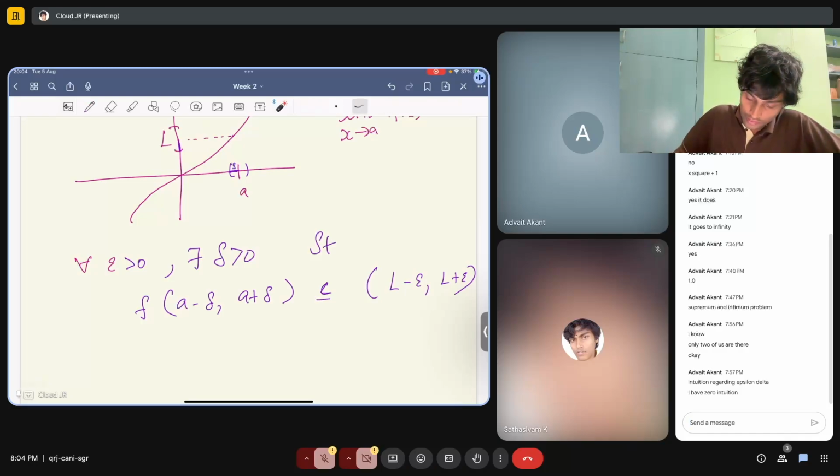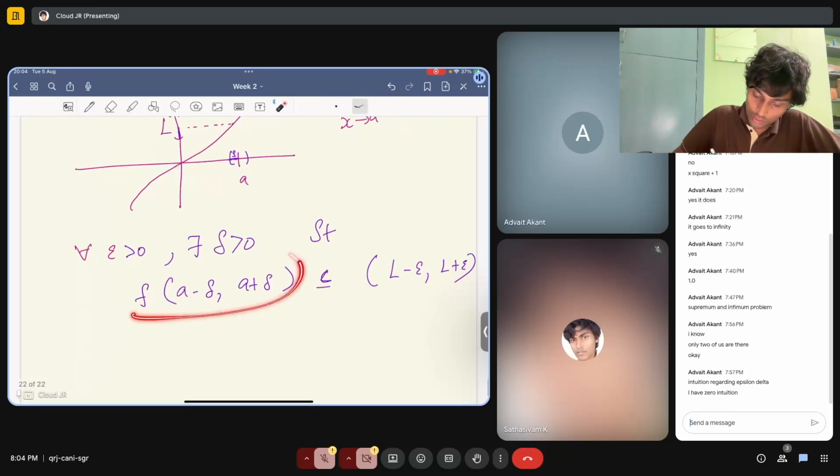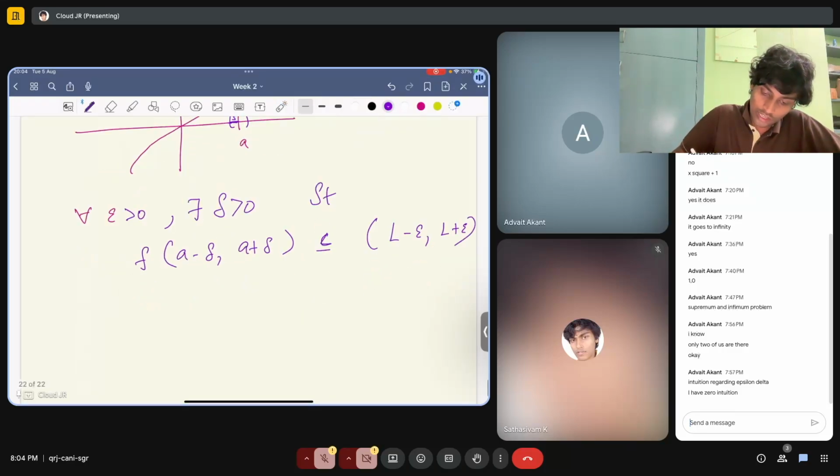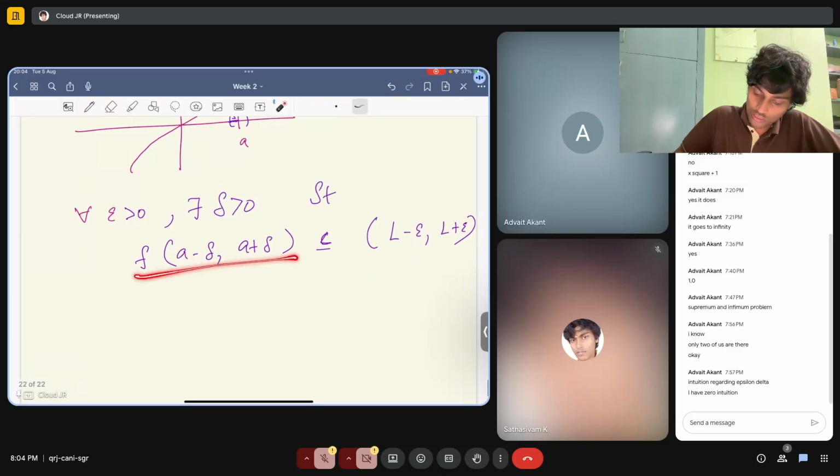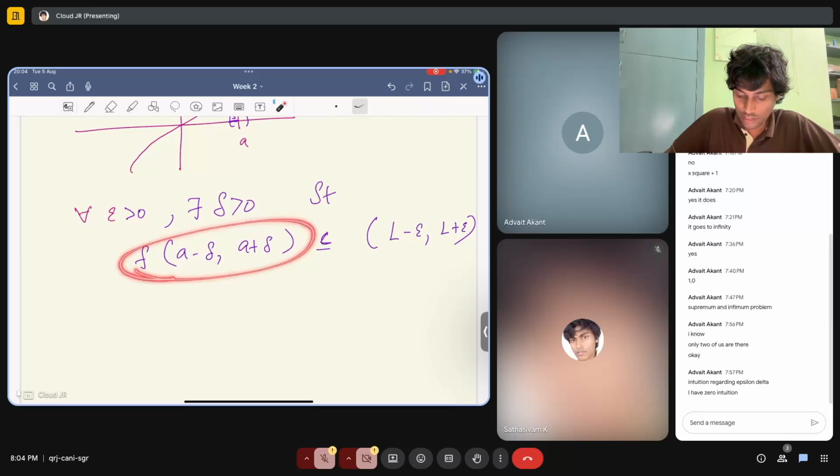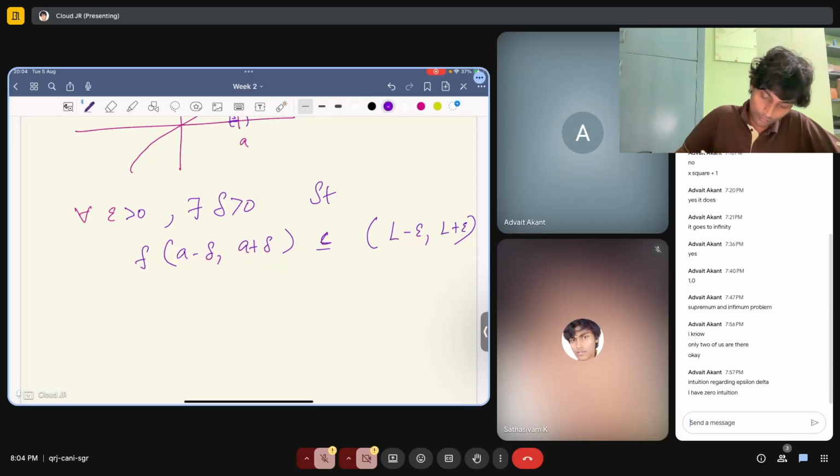So here you have f of this is less than this, right? So instead of the entire thing belongs to here, what you write is every x belongs to this is contained here. So I'm telling the f of the entire set is here. That is the same as telling f of every x belonging to the set is here. So I'm just rewriting it.